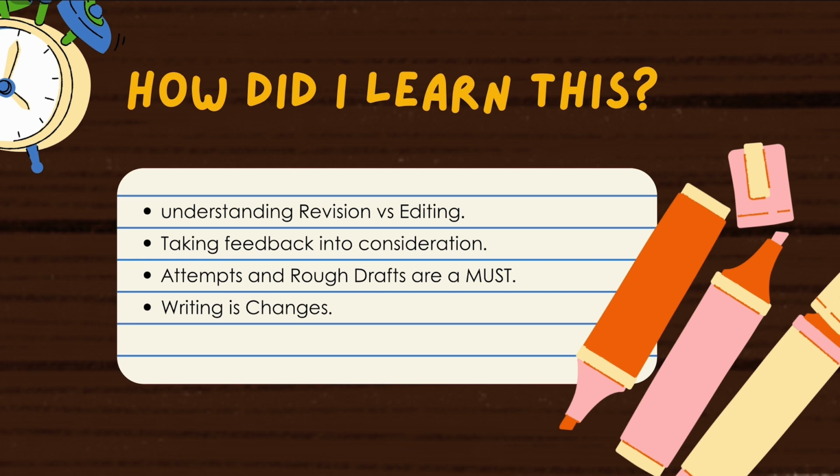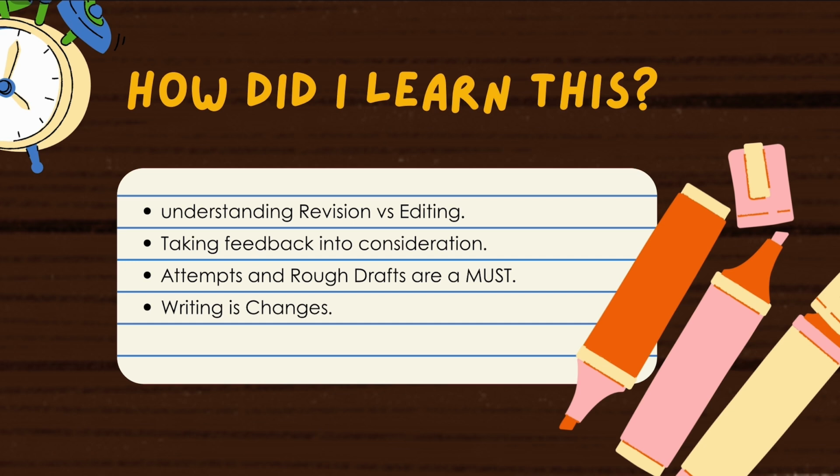That's just the way we are made. You cannot fix this. Sorry to the perfectionists, me included. You can't write something perfect. It's always going to be not perfect in someone else's view. But you have to understand that rough drafts are a must, and you have to go through this process and cycle.